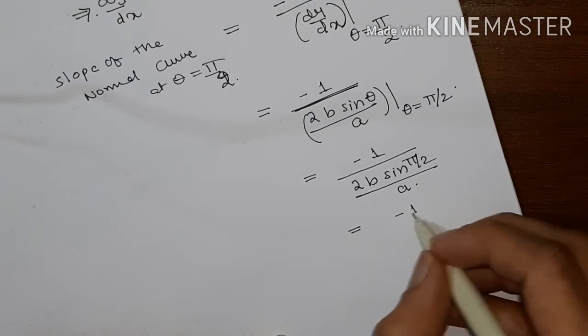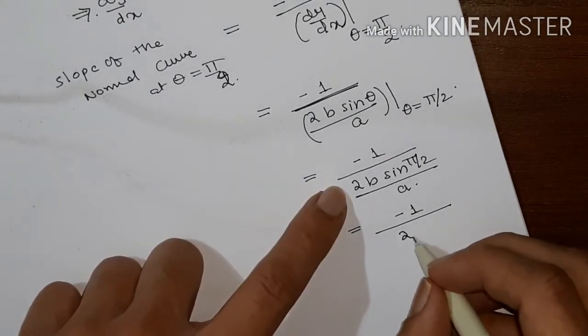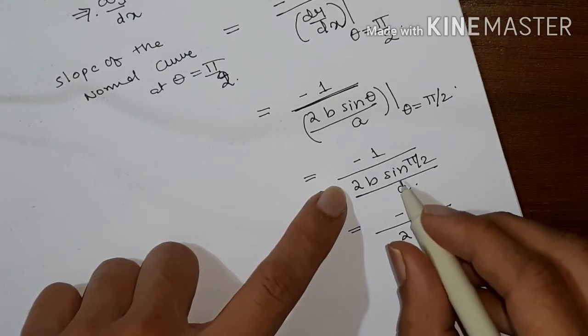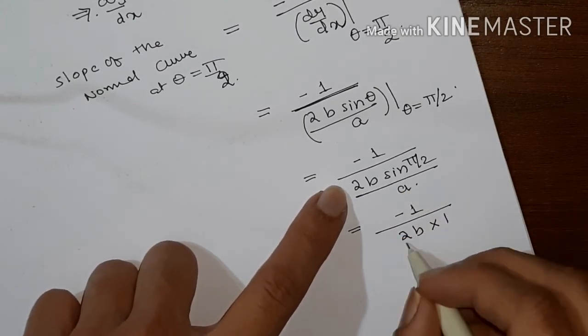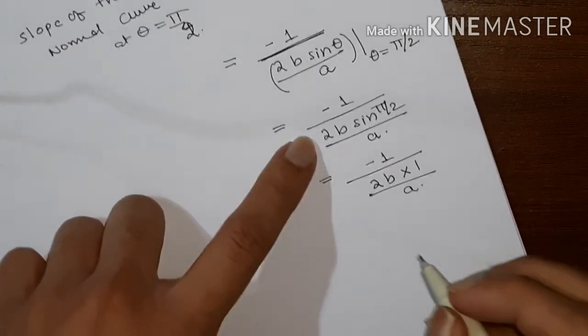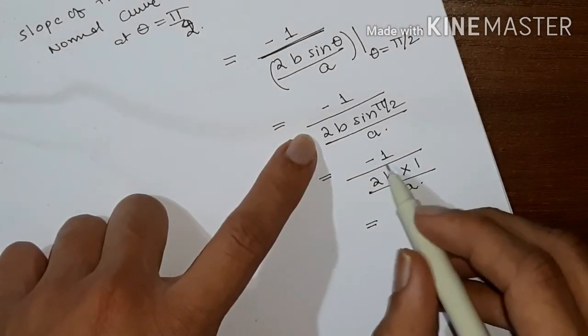Sine pi by 2 is 1, so minus 1 divided by 2b divided by a.